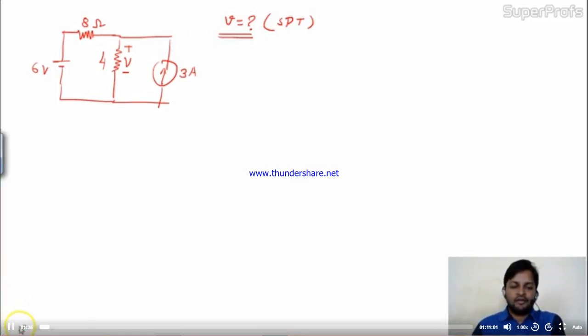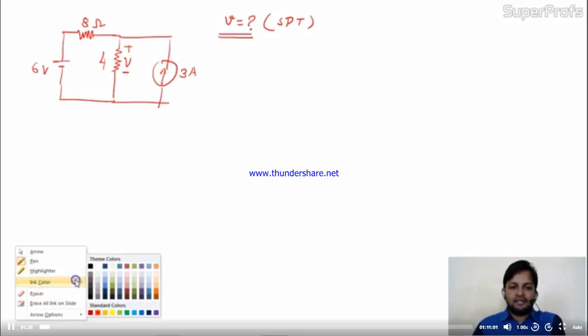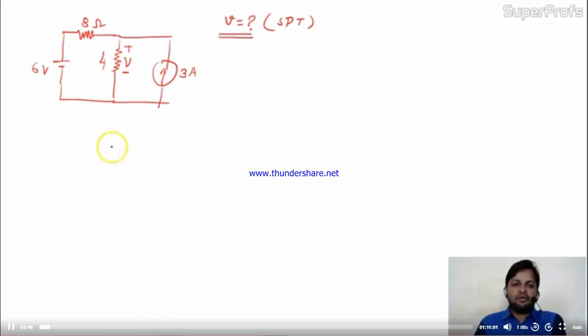As the superposition theorem says, if we are having more than one independent source, here we are having 2 independent sources. This one is the voltage source, this one is the current source. So we can apply individually to those independent sources and find out the response of each.